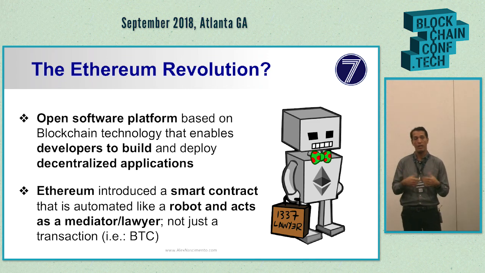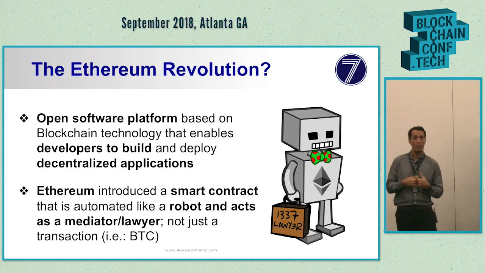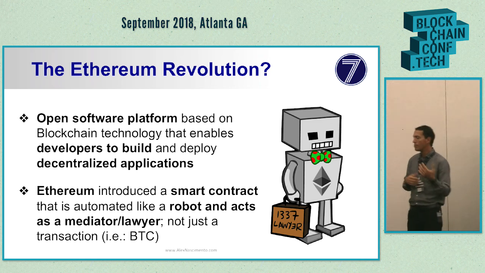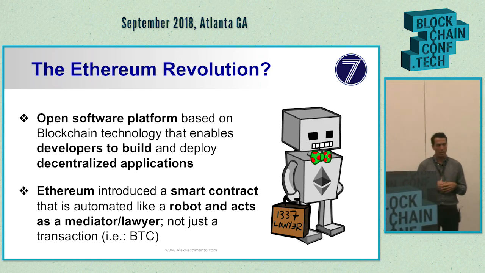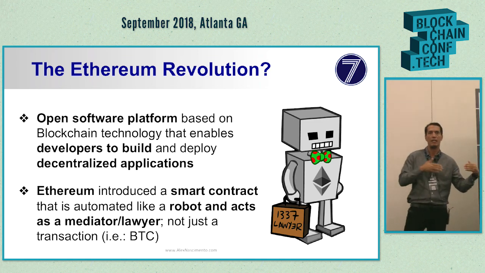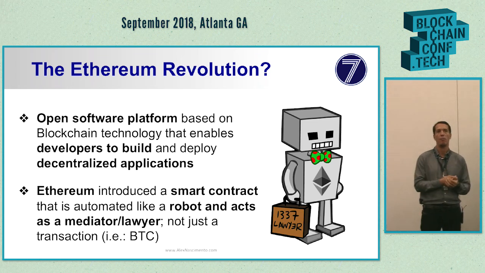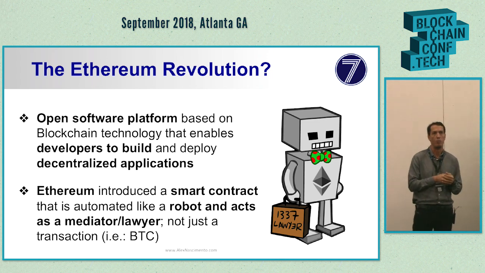So that contract that I write on a $100 bill will only allow me to spend that $100 bill if your house is clean by the end of the day. So that breakthrough of a smart contract is, in my opinion, what brought us to the 2016 and 2017 boom of the blockchain industry and why we're all sitting in this room.